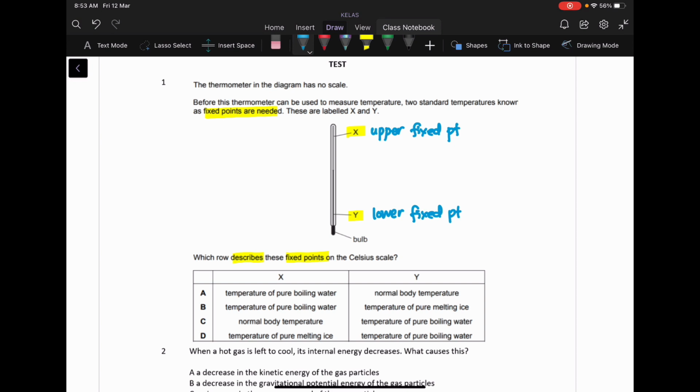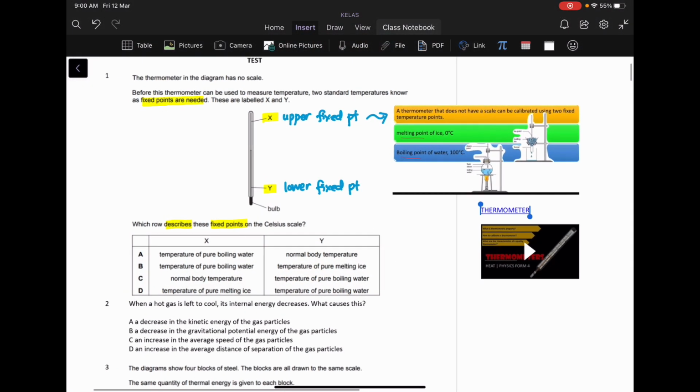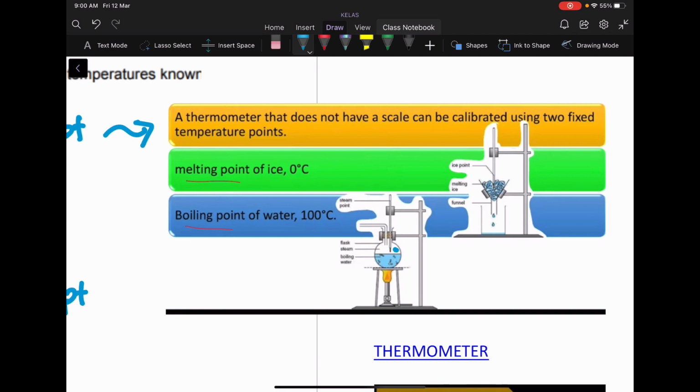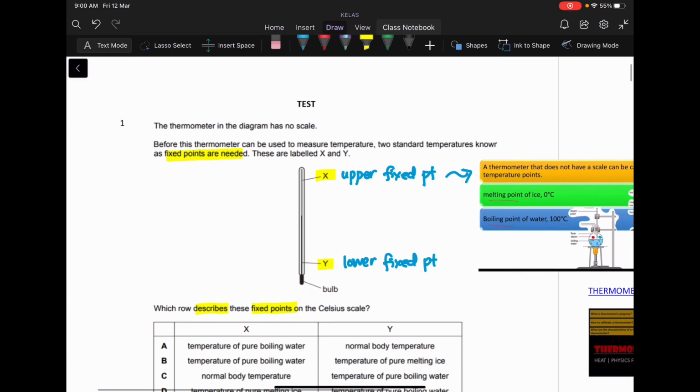So X is the upper level. For this one, you place the thermometer above the surface of water so that it measures the temperature of the steam. And here you place the thermometer in ice. That's how we get the two fixed points, right?